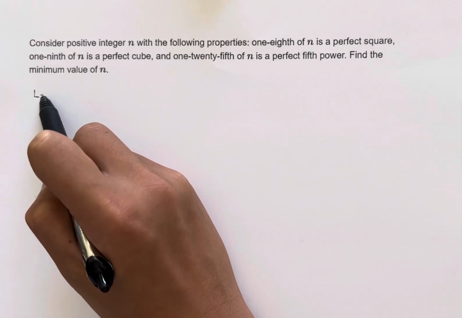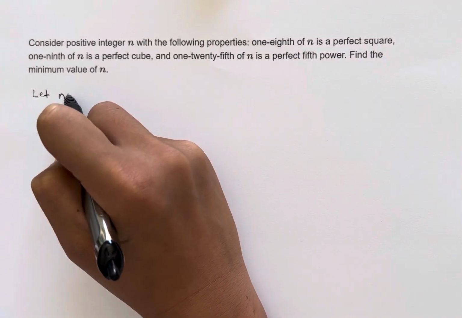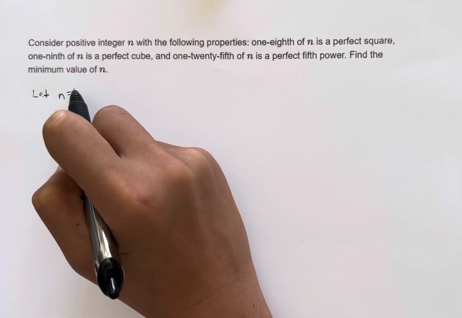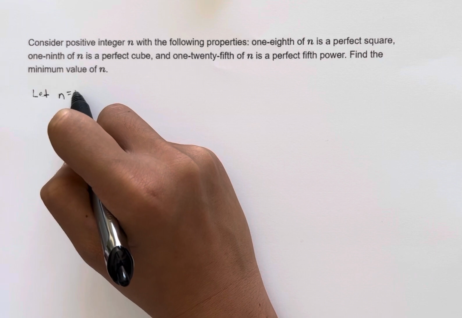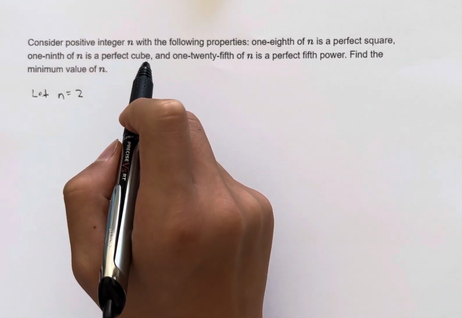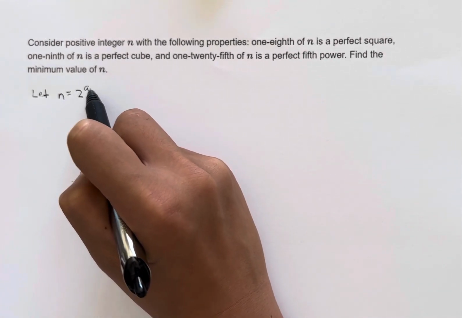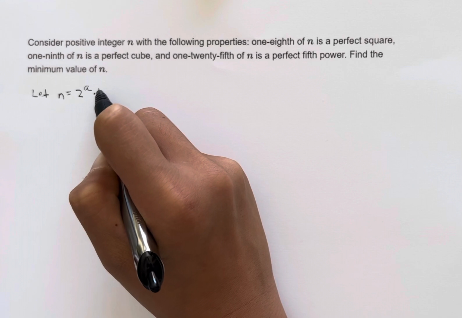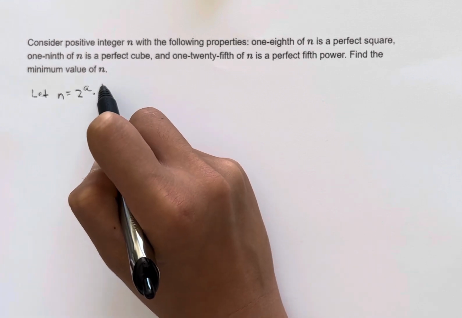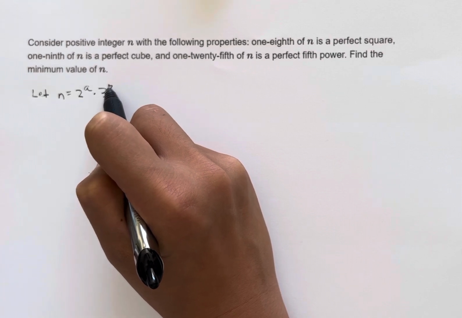So let n equal to, since it is divisible by 8, in the prime factorization, there must be a 2, since 8 is 2 cubed. So let the power of 2 right now be a. And since it's divisible by 9, there has to be a 3 power, so it'll be 3 to the power of b.